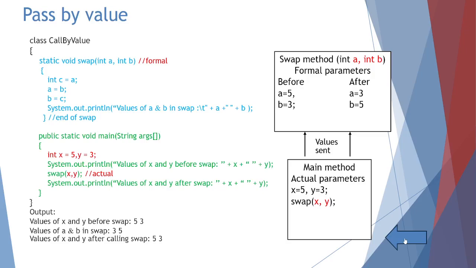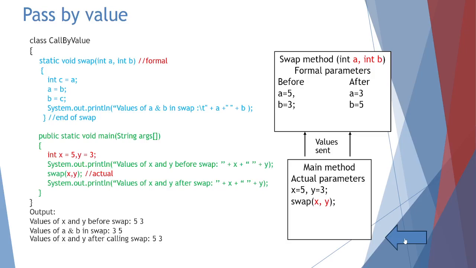The next line is calling the swap method. Both of them are static, so swap, and I pass x comma y. These are actual parameters. So x is 5, y is 3. A copy of 5 and 3 will get stored in the swap header, that is int a, int b.